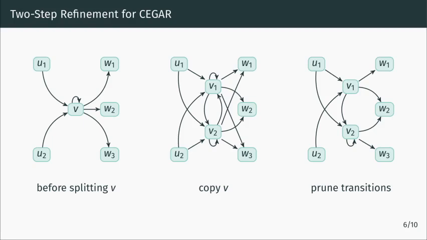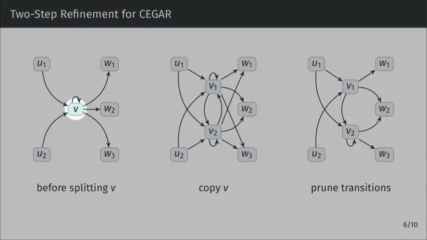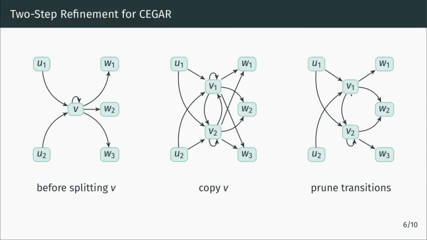We do so by treating the refinement step in the CEGAR loop as two separate steps conceptually. So when we split this state V into two states V1 and V2, all we need to do in reality is to rewire all incoming and outgoing transitions of V for V1 and V2.